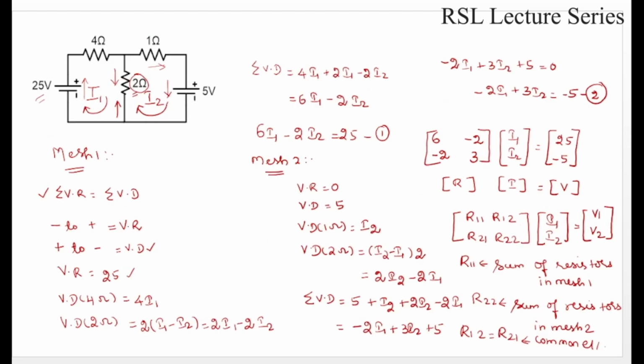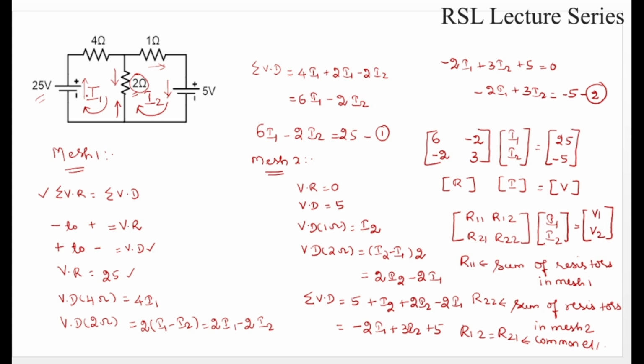Now one more thing I just want to clarify here. Here we have I1 and I2, and these two are the unknown values of currents, whereas on the right hand side we have V1 and V2. If we see mesh 1 with respect to the I1 direction, this is a voltage rise.